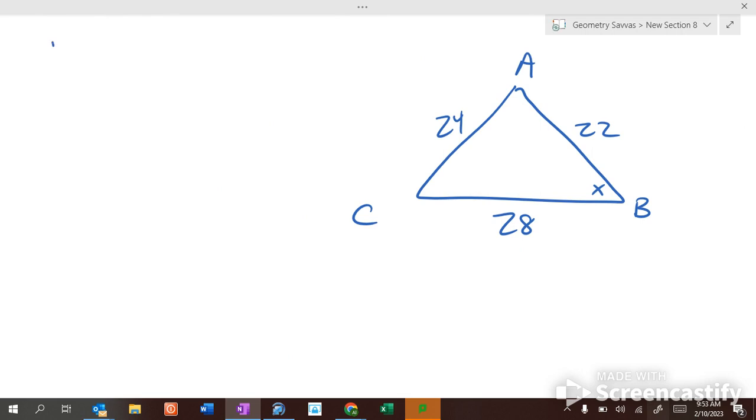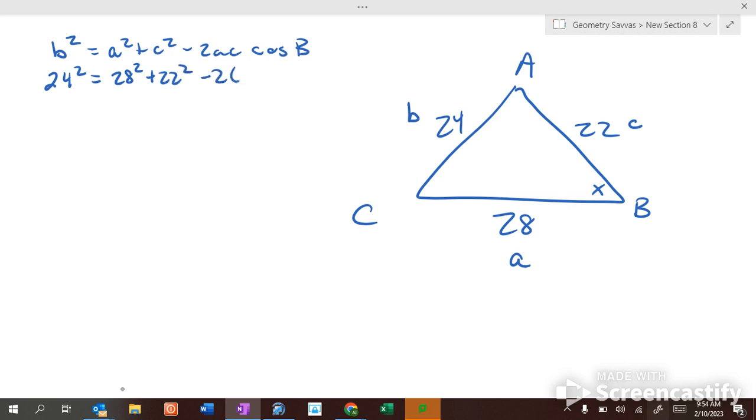B squared, because I'm looking for angle B. So I'm going B squared equals A squared plus C squared minus 2AC cosine of B. So A, B, C. B squared, 24 squared equals 28 squared plus 22 squared minus 2 times 28 times 22 cosine of B. Okay, a little work to get B alone, right? 24 squared is 576. 28 squared is what, 728? 724? 784.